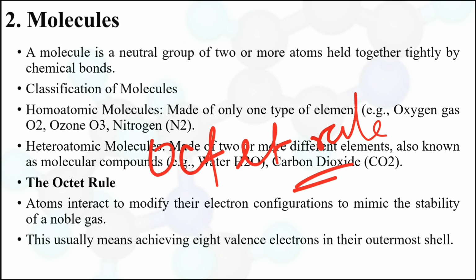This stable electron arrangement mimics the configuration of a noble gas, which has low chemical reactivity. So here an atom wants to gain or lose or share electrons to achieve a full outer valence shell of 8 electrons like noble gases. Okay, this is the octet rule of an atom.